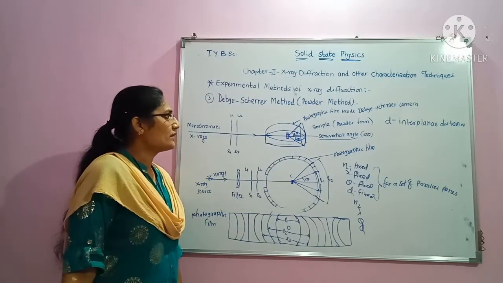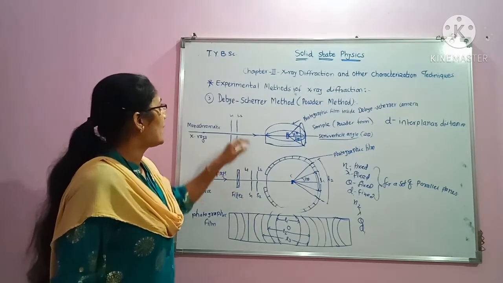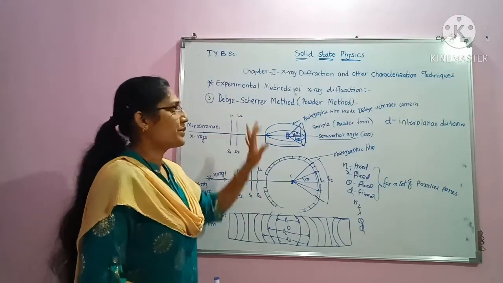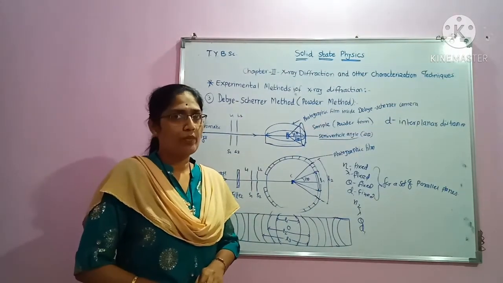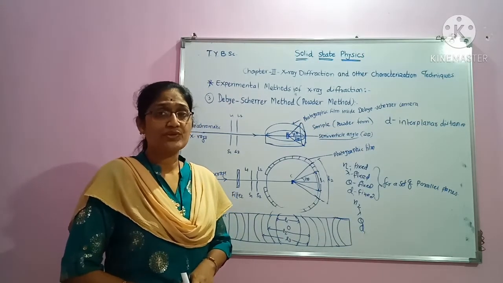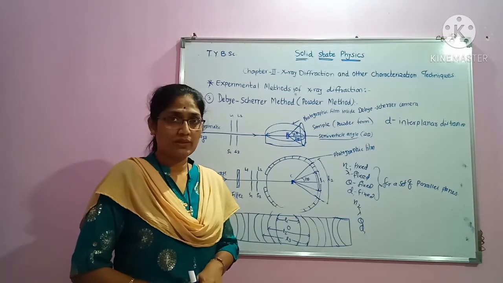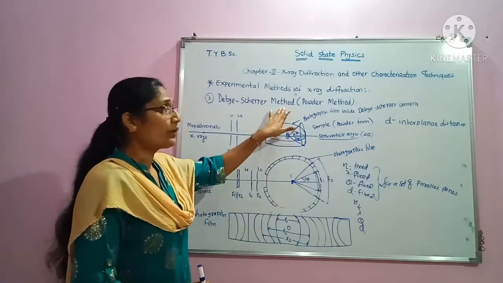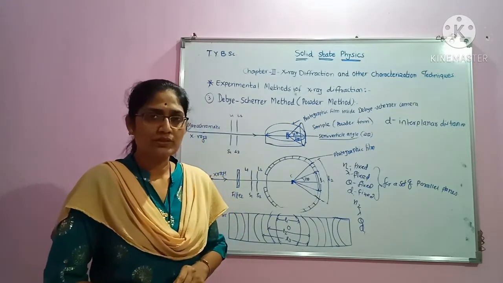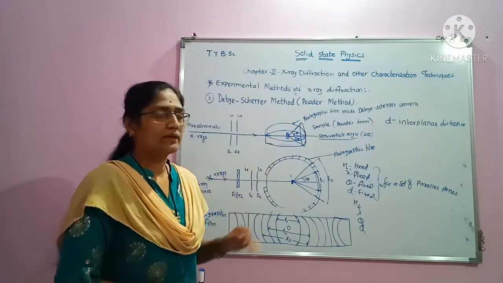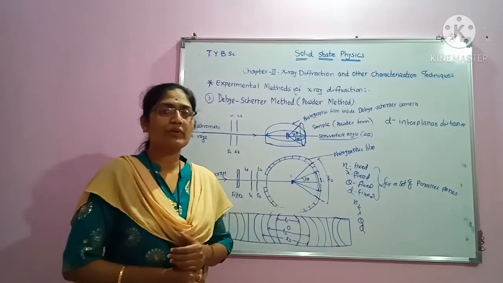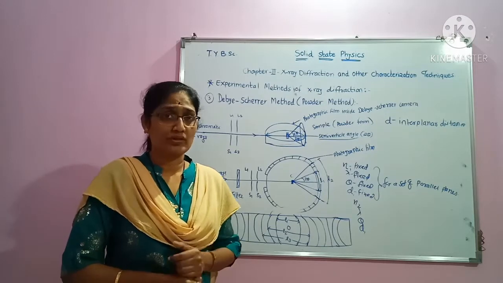So what we have seen up till now is one more method of X-ray diffraction, and that is called the Debye Scherrer method. It is also called the powder method. It is particularly used to study materials which are in polycrystalline form and not in single crystalline form, because in nature there are not many single crystalline materials, or if we want such materials then their method of production is costlier.